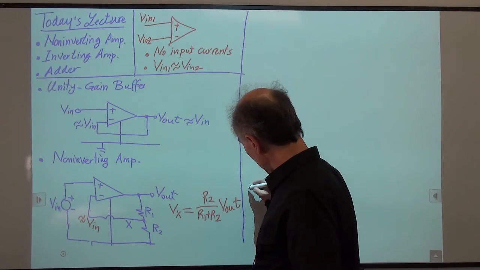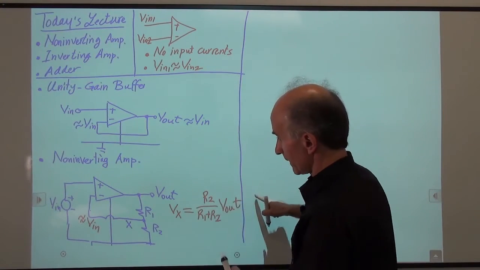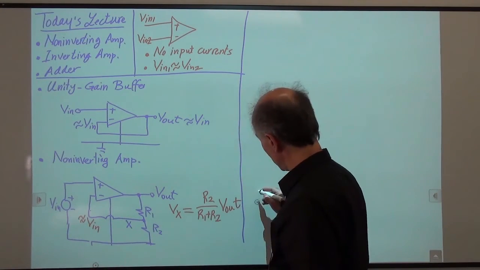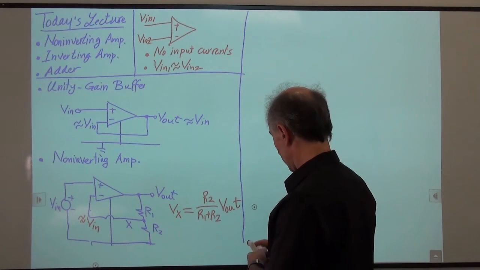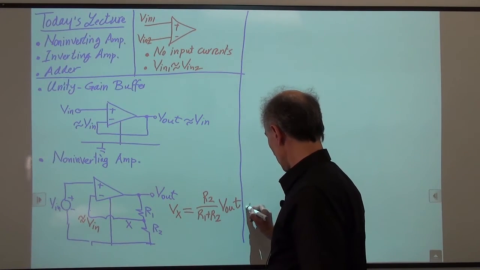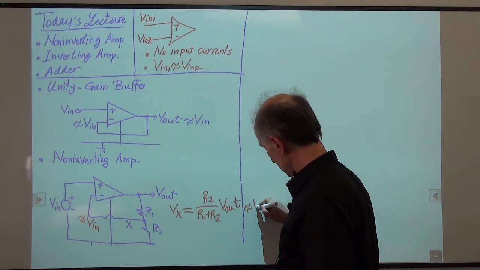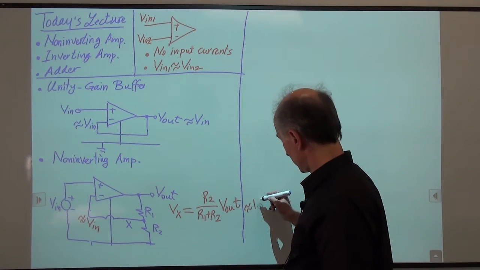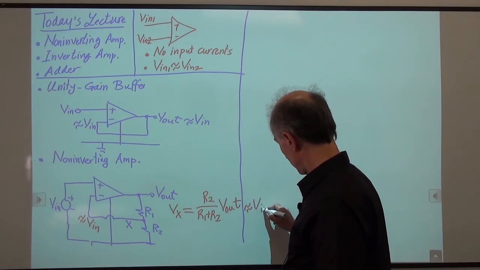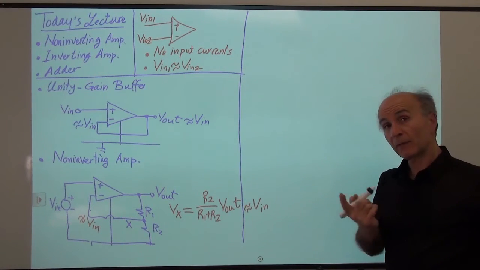Okay, so we know that we have this Vx, and Vx happens to be equal to Vin. So this is equal to Vin. All right, so now I can find Vout, right?